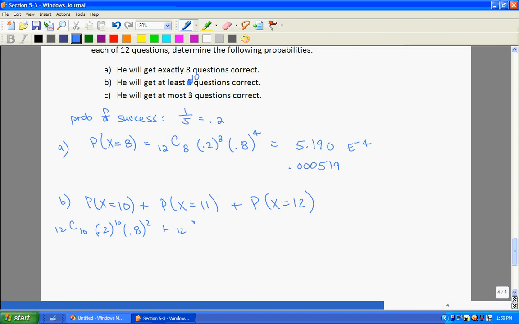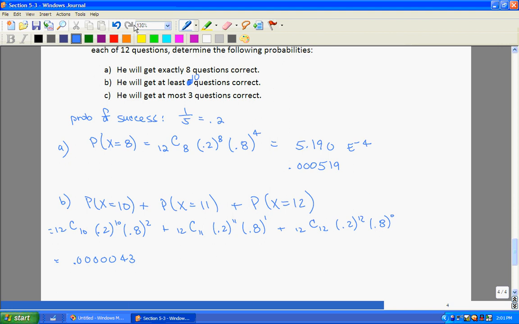Then I would say 12 choose 11, 0.2 to the 11th, 0.8 to the first, and then 12 choose 12, because I want to get all of them right, 0.2 to the 12th, 0.8 to the 0. So let's find each of those.